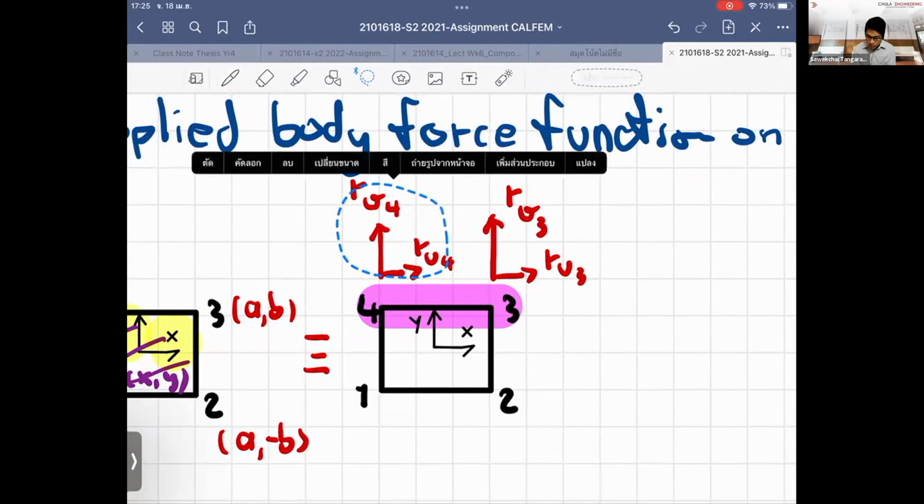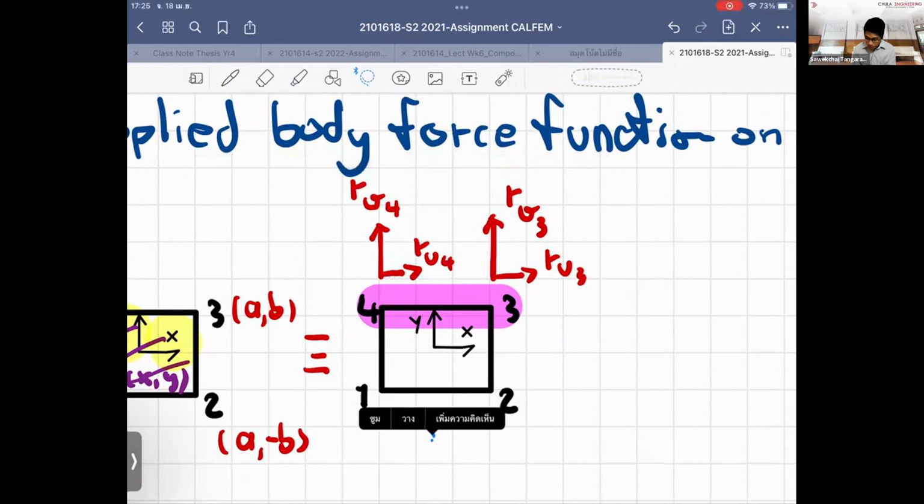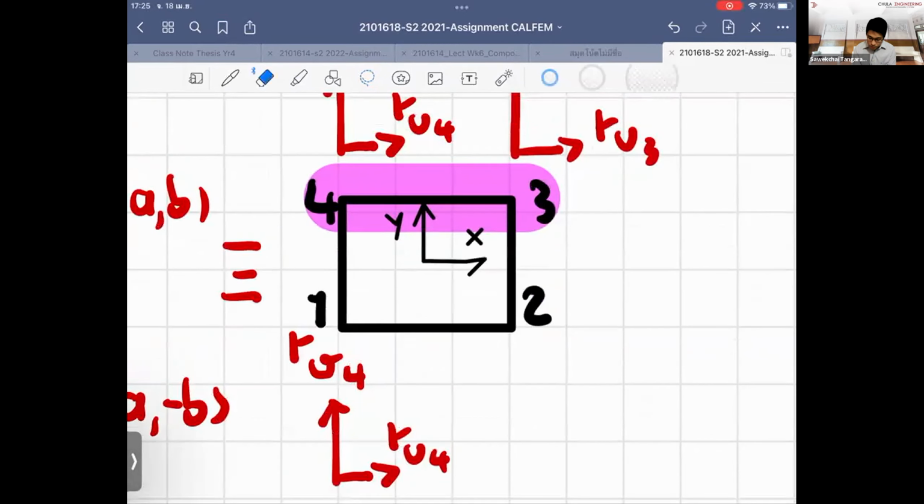Let me copy this. This is force 1 and force 2, force 1 and 1, sorry.